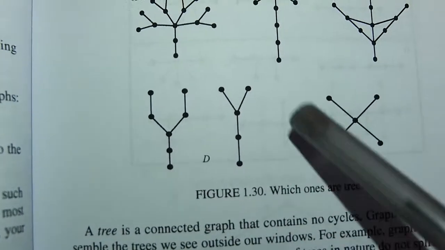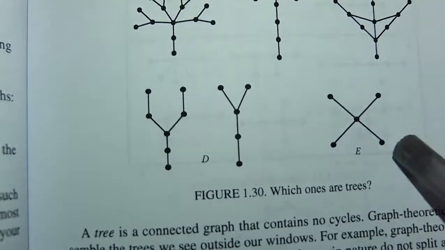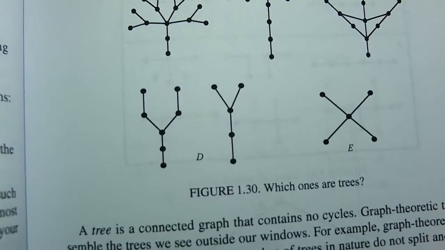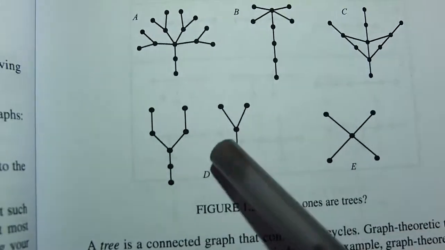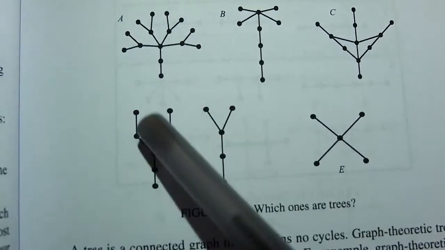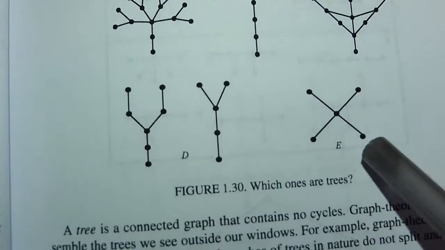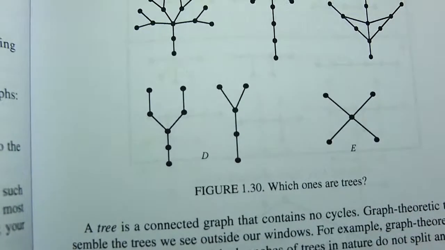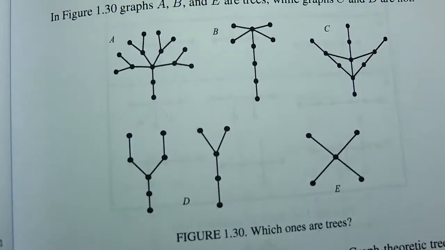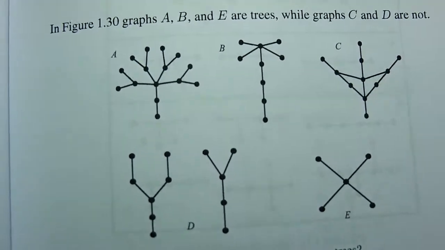What am I pointing out? I'm pointing out the degree 1 vertices, right? So I have these degree 1 vertices in these trees. Even, like I said, in D, if you just look at the connected components, you also have these. There seems to be a decent number of those. We'll see how many are required in a little bit.